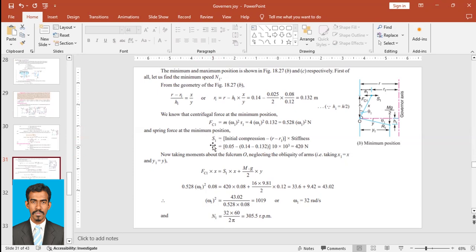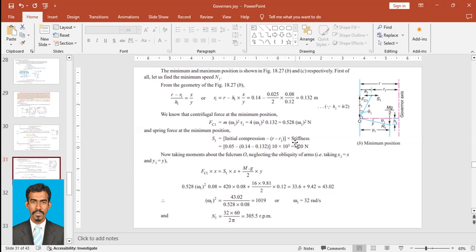To find the spring force, we need to multiply the stiffness with the expansion or compression. We have found the compression to be 0.05, the initial compression, minus A1, where A1 is equal to R minus R1, that is 0.14 minus 0.132, into the stiffness, given in the question as 10 into 10 to the power 3 Newton per meter.